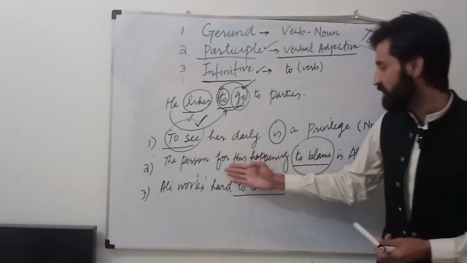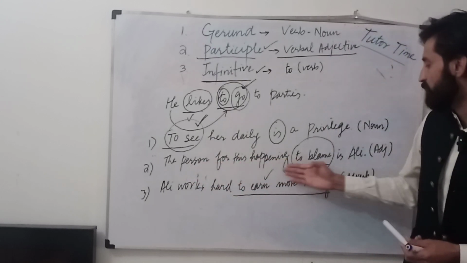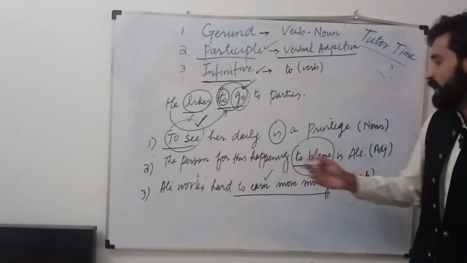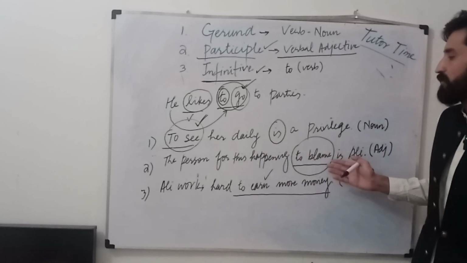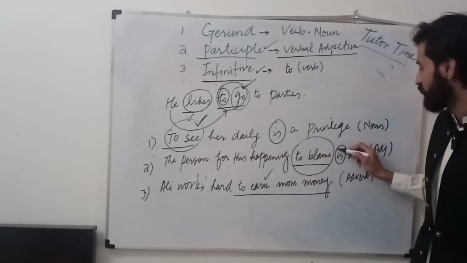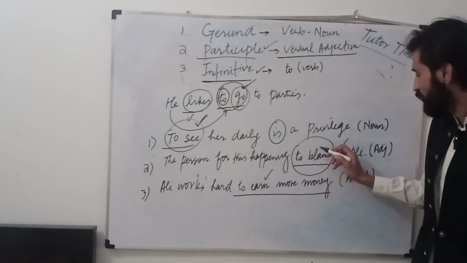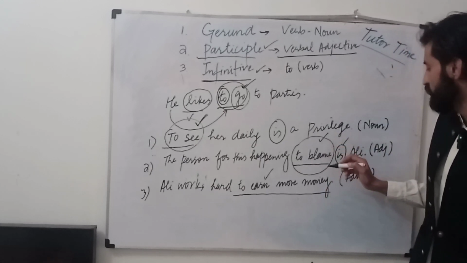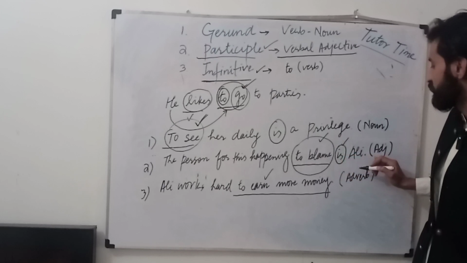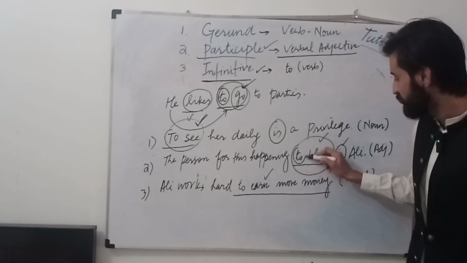Now if you look at the second sentence, that is, "The person for this happening to blame is Ali." Now in this sentence, we don't have the main verb. So again "is" is a helping verb and it will perform the function of a main verb. So "to blame", now we see that it is used as an adjective. First of all, it is preceded by "to".